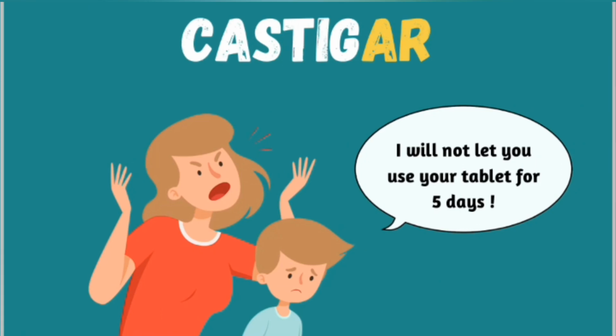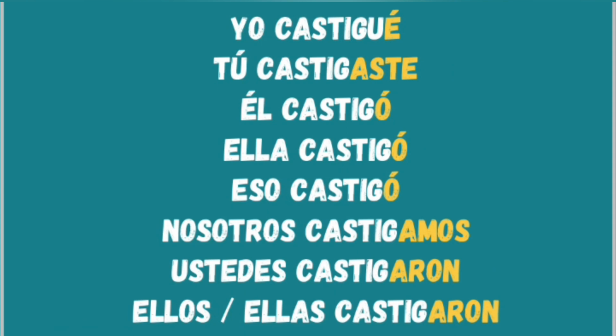Now we have this verb to punish, okay? To punish in Spanish means castigar. Castigar, okay? So let's see how we have to conjugate this verb. So if you want to say I punished, past tense, indefinite past, in Spanish you have to say yo castigué.